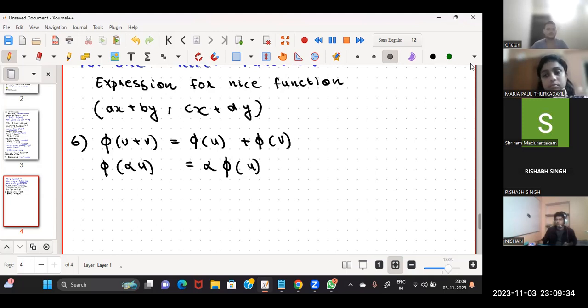Okay, so we have our nice functions as ax plus by, that is one such expression. Can anyone tell me, do these nice functions satisfy these conditions?